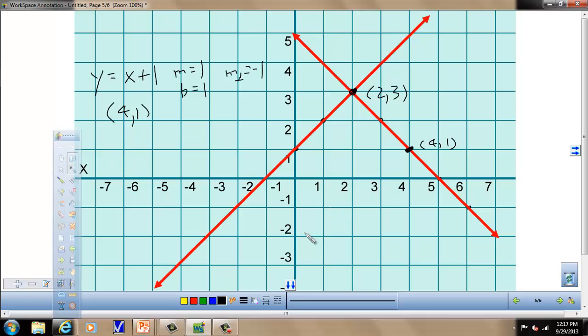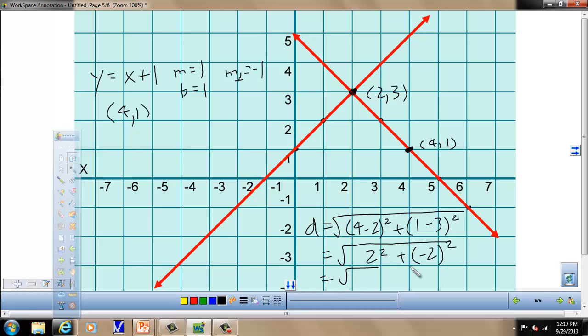I want to go ahead and find the distance. For the distance, we're going to say 4 minus 2 squared plus 1 minus 3 squared. So in this case, it's 2 squared plus a -2 squared.